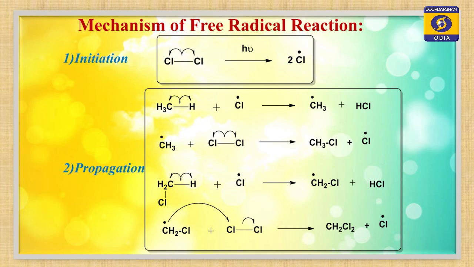Then each chlorine free radical attacks the hydrogen atom of methane, replacing the hydrogen and preparing a new free radical, that is CH3 dot, called methyl free radical. This methyl free radical will now again attack Cl2 to form CH3Cl and one more Cl free radical. These two steps are called propagation.